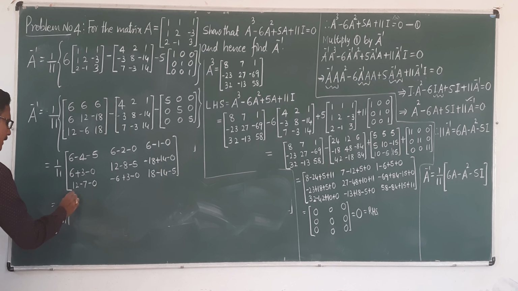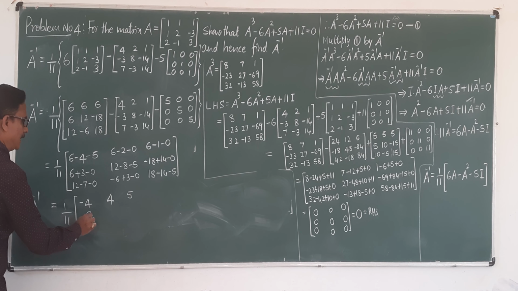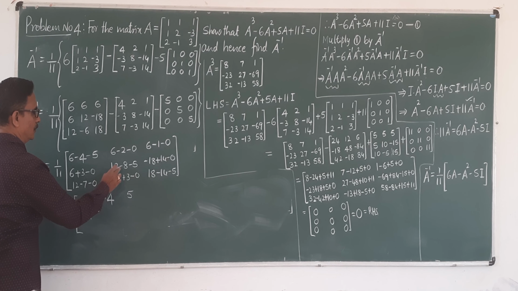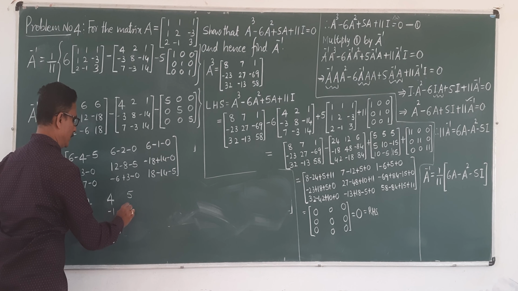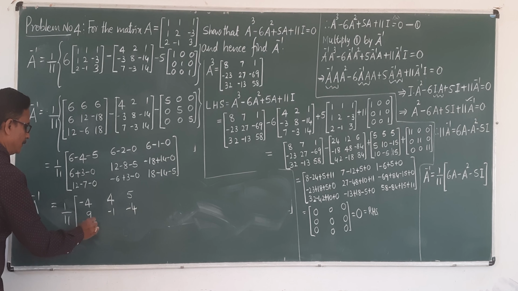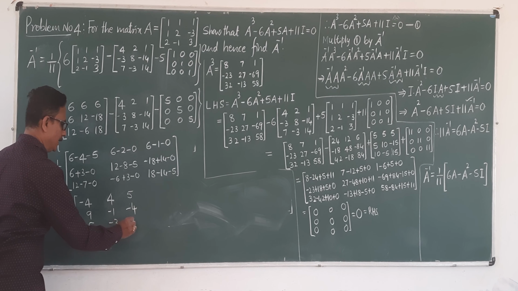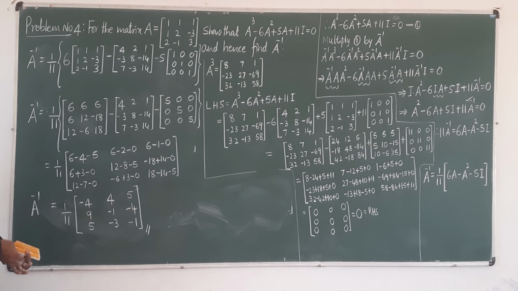So A inverse is 1 by 11 into the matrix: 1, 1, minus 4; 6 minus 2 is 4... giving 1, 1, minus 4, 4, 5, 9... 5, 4, minus 1... minus 4, 5, minus 3, 4, minus 1. So this is A inverse, 5 marks.